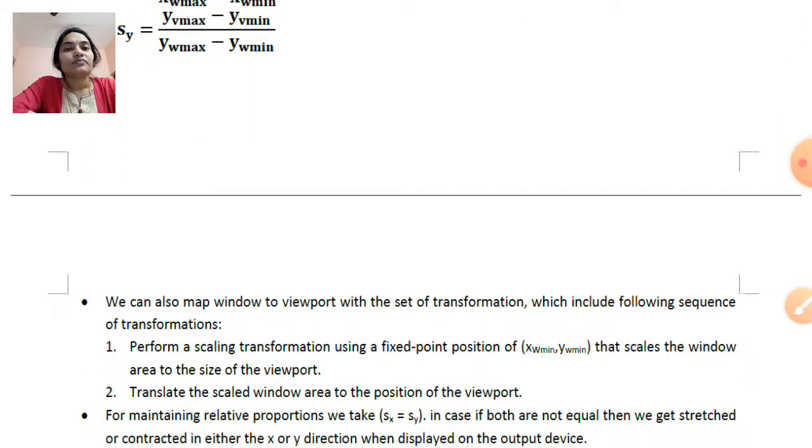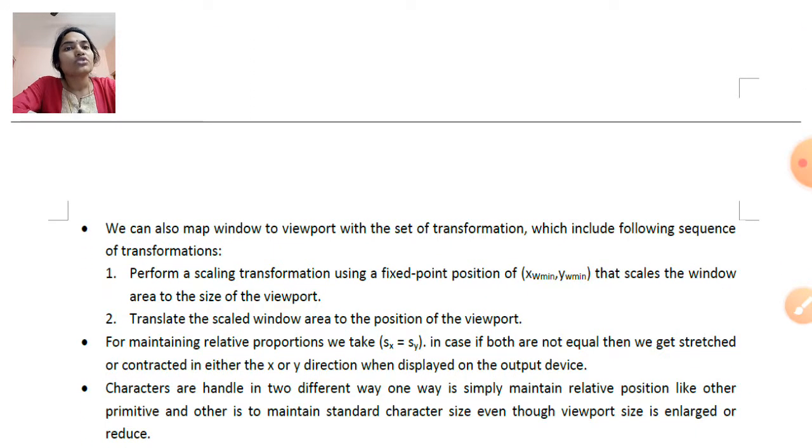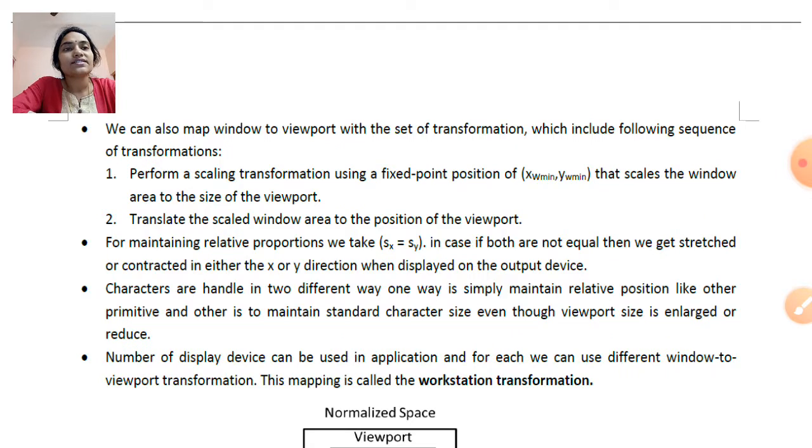After that we can also map the window to the viewport with a set of transformations which include the following sequence of transformations. What is the sequence? First, perform a scaling transformation using a fixed point position of xw min, yw min that scales the window area to the size of the viewport.